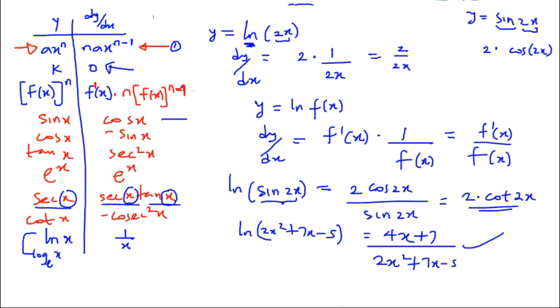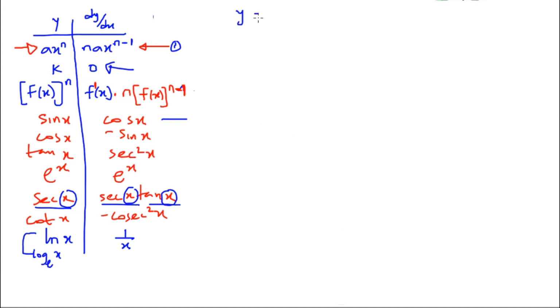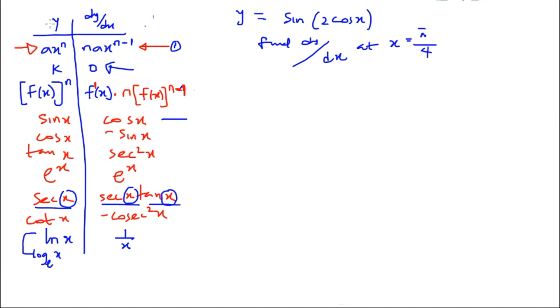Okay, so let's say y is equal to sine of 2 cos x, and the question says that you find the dy dx, or the derivative, at x equal to pi over 4. So I should have something of this nature.